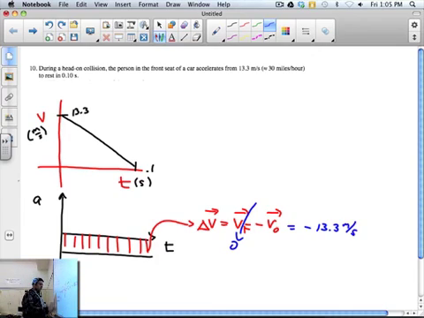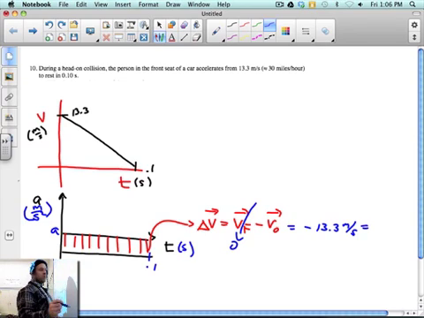And that's going to equal our acceleration A, which we do not know, times 0.1 seconds, which we do know. So that's seconds, and our acceleration is measured in meters per second squared. So from the area under our acceleration graph, negative 13.3 has to equal our acceleration times our 0.1 seconds.